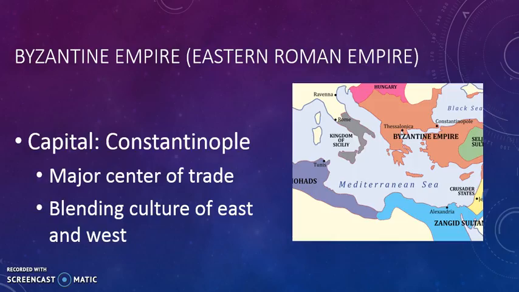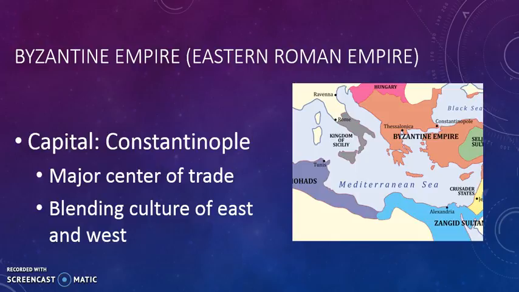And what it lives on as is it becomes called the Byzantine Empire. And the Byzantine Empire had a capital at Constantinople, and it was a major center of trade, and it was also a place where there was a blending of East and West cultures.